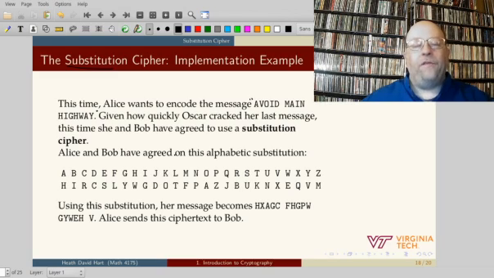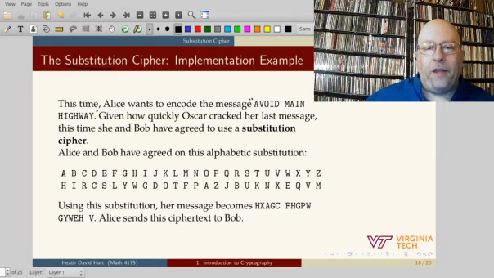Instead of shifting letters by a fixed amount, we are going to replace every letter of the alphabet with a different randomly chosen letter in this order here. So this is the alphabet, and this is a permutation of the alphabet.